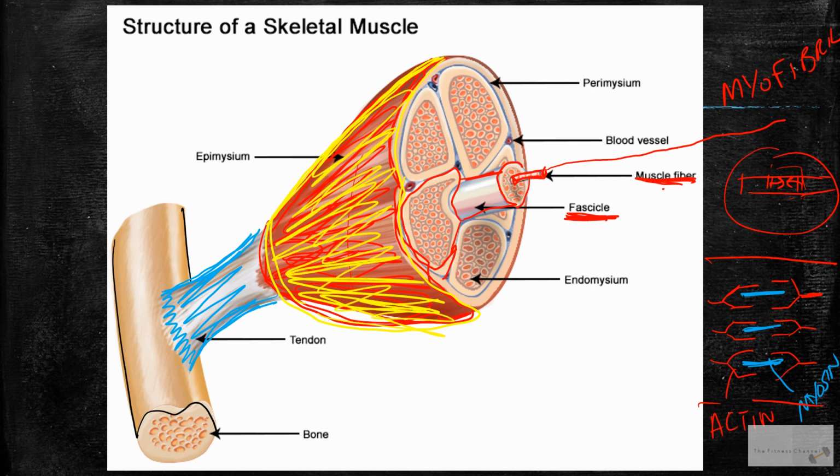You've got a little sheath or a coat which surrounds the muscle belly, one surrounding each fascicle, and then one surrounding each muscle fiber.